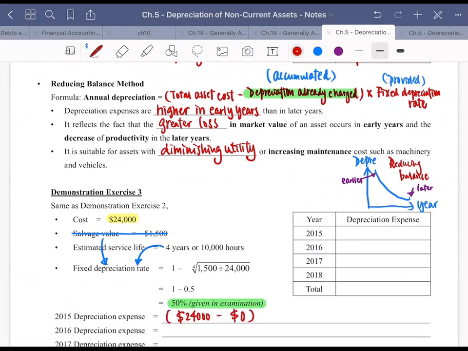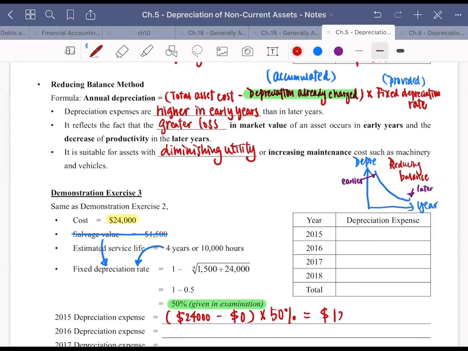Then we can directly multiply by the fixed depreciation rate, which is provided. In this case, it is 50%. So we can directly get $12,000 depreciation for 2015. This is very simple because in the first year we don't have any depreciation charged already.